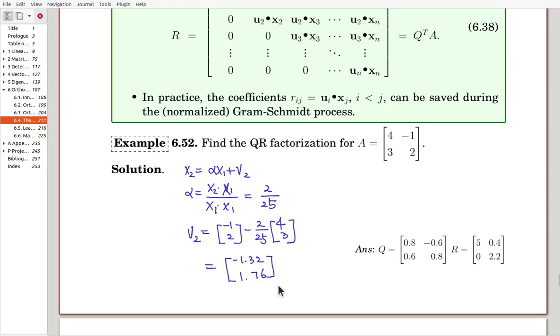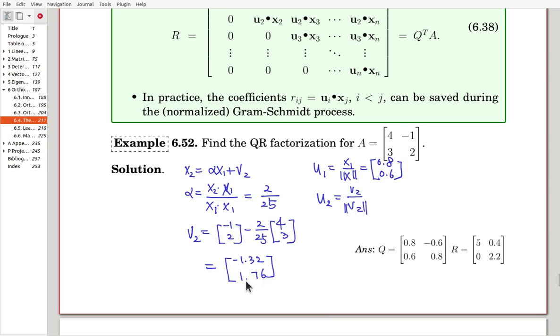Okay, we got v2. So u1 is the same as x1 over the norm of x1. The length is 5, so divide by 5, then there's 0.8 and 0.6. Now u2, that is v2 over the v2 norm.